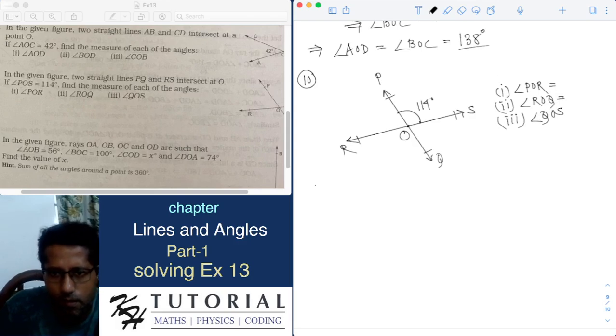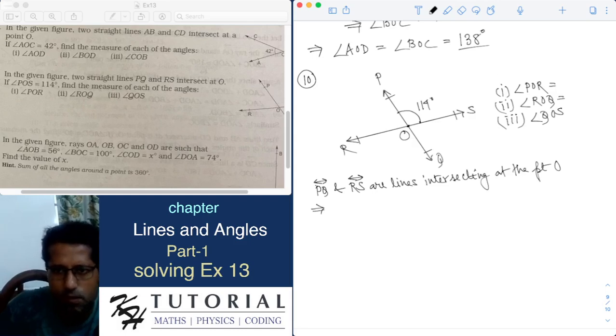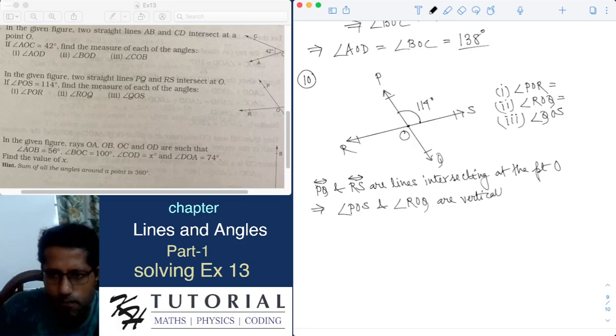The logic is that PQ and RS are lines intersecting at the point O. So this implies angle POS and angle ROQ are vertically opposite angles.